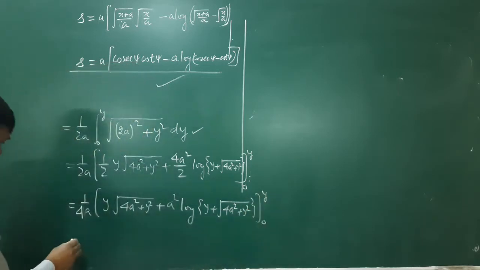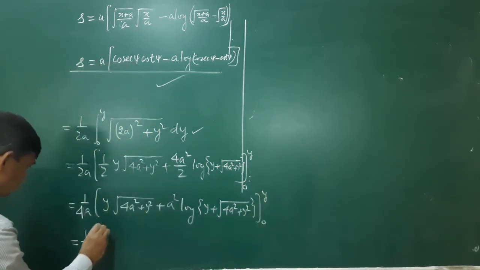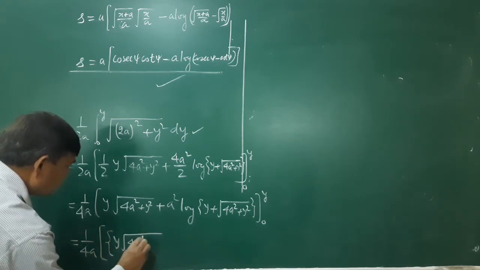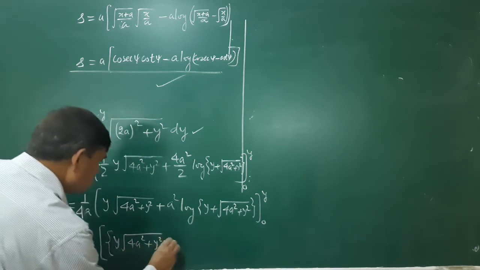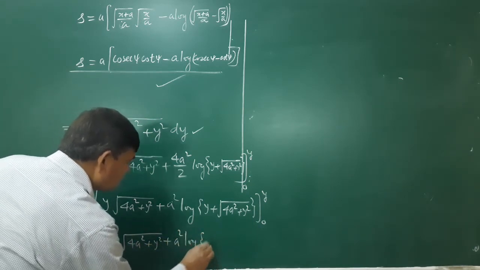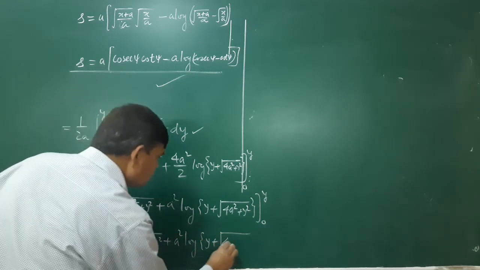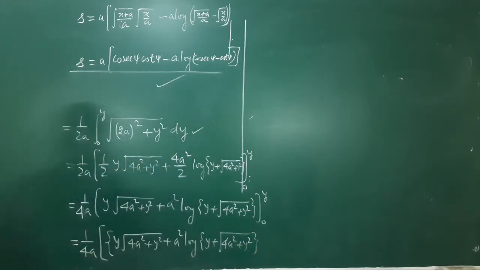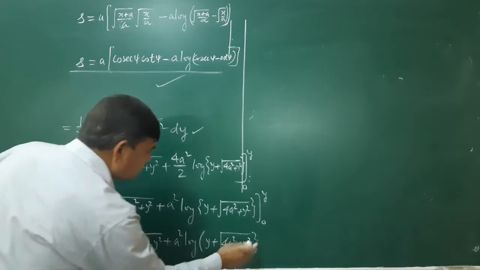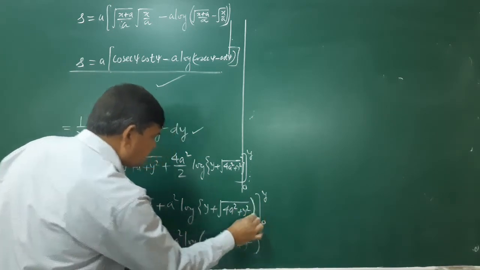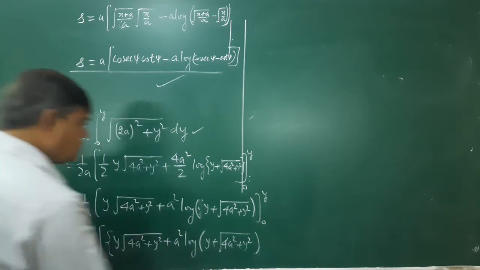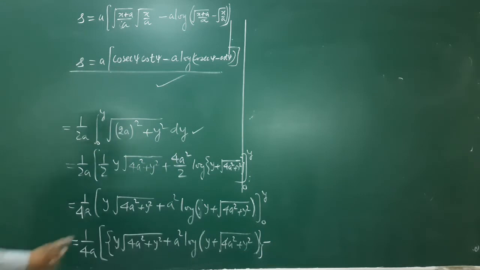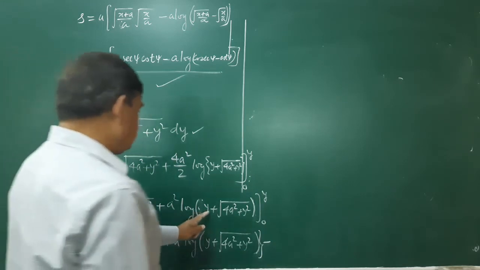Okay. 1 by 4, put this bracket. Then it is y under root 4a square plus y square plus a square log y plus root 4a square plus y square. This bracket. Okay. Then minus. This is the upper limit. Then minus lower limit. This is 0, and here it is 0.